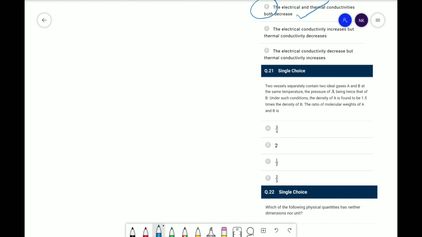First thing we will write: pressure PA will be directly proportional to density, PV is equal to nRT, directly proportional to RT, that is rho A and TA, but there is no change in R and T, divided by MA, as we know that PV is equal to nRT.